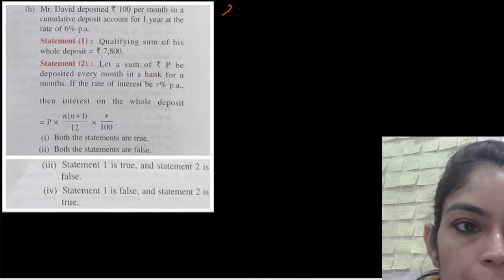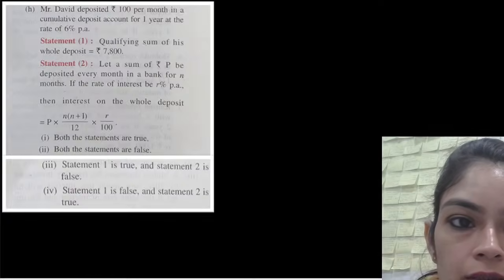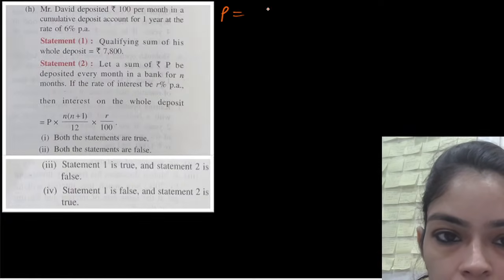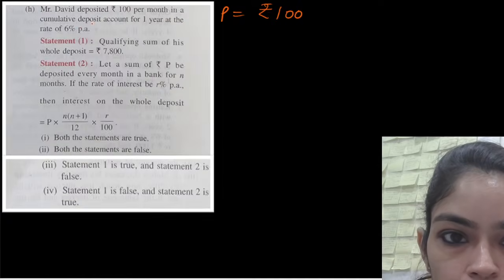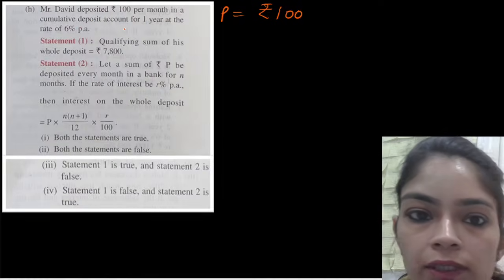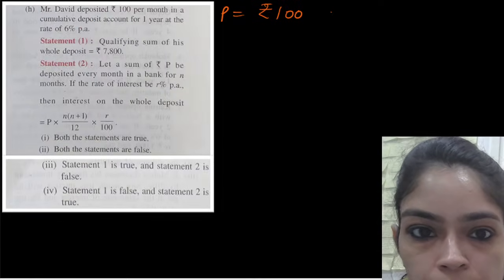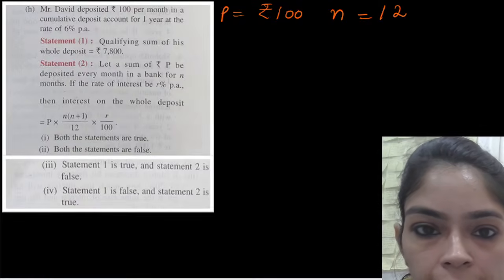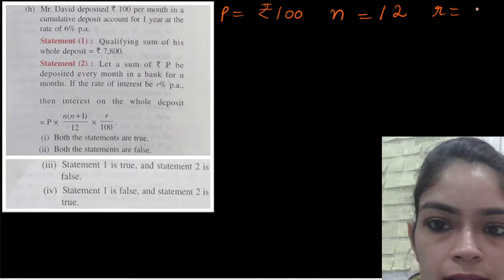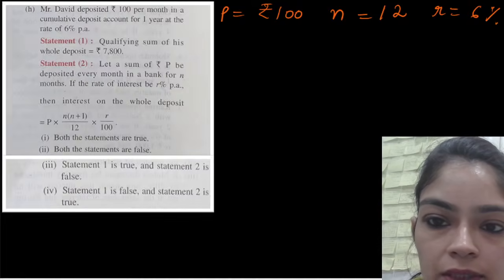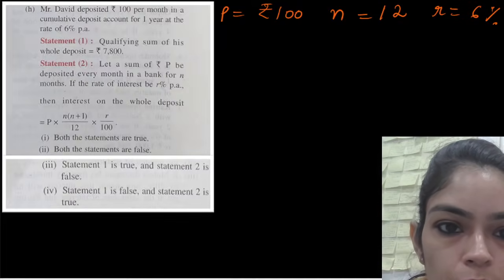So monthly deposit is given to us. P is equal to 100. In a cumulative deposit account, which is an RD account only, N is equal to 12 here, 1 year is 12 months, and R is given to us as 6%.